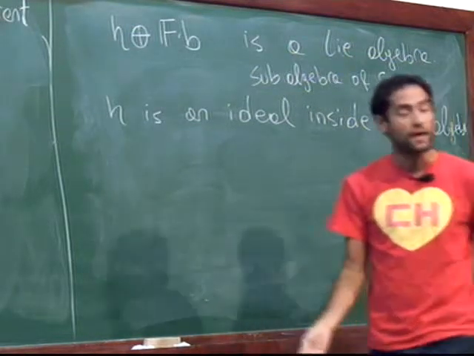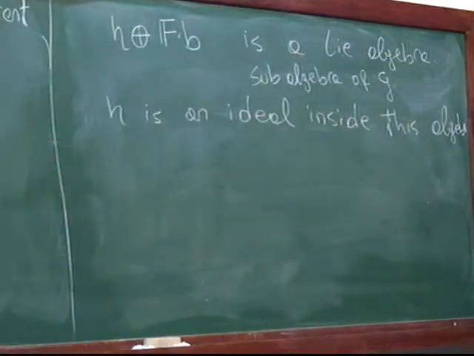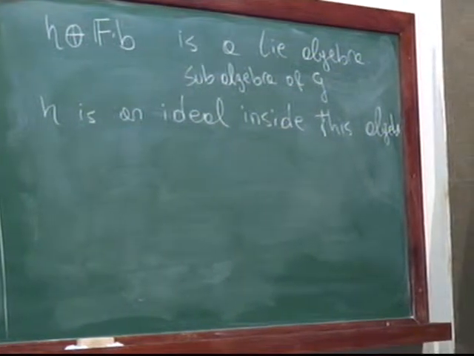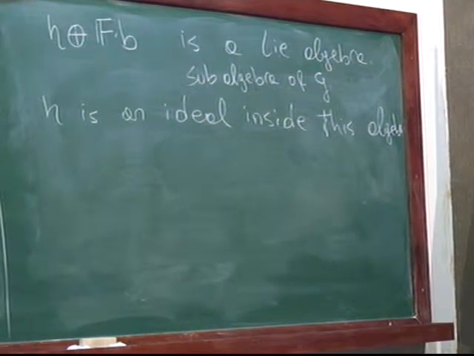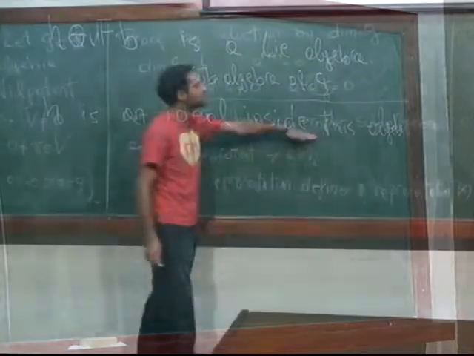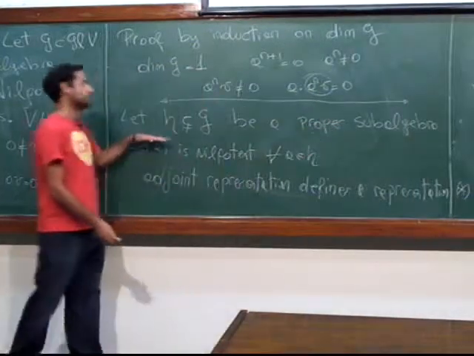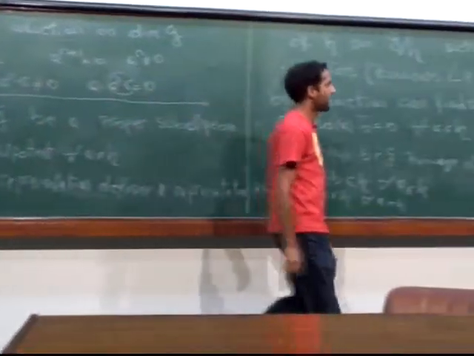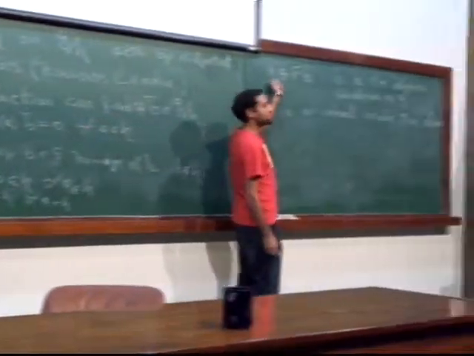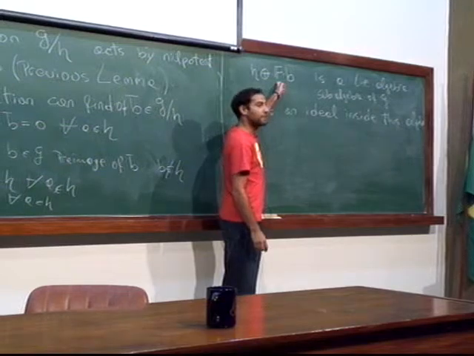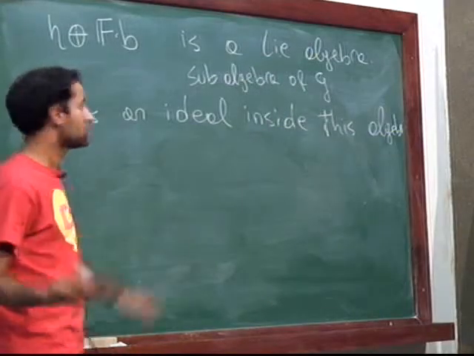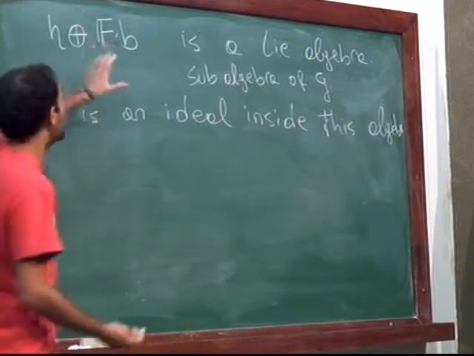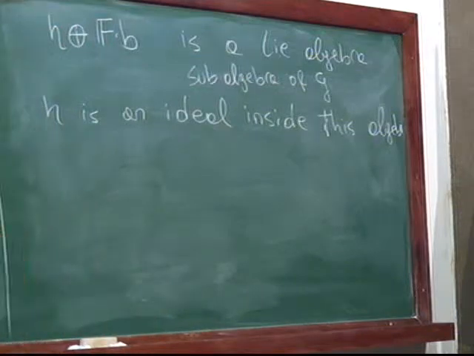Well, now we can do two things. Either I could have started here: let H be a proper subalgebra of maximal dimension. Or I could just replace H by H plus FB and repeat. Call this algebra H2 and put it back here.